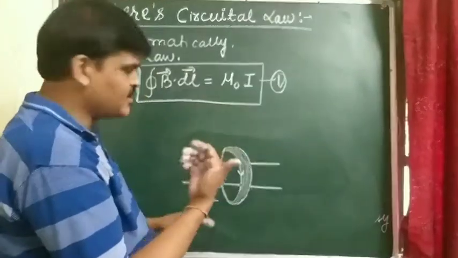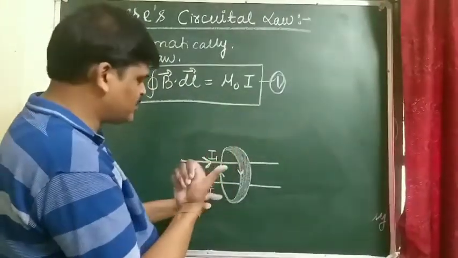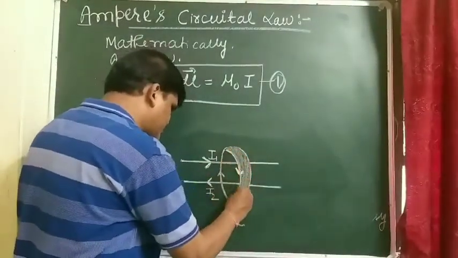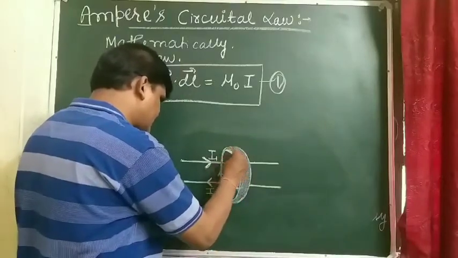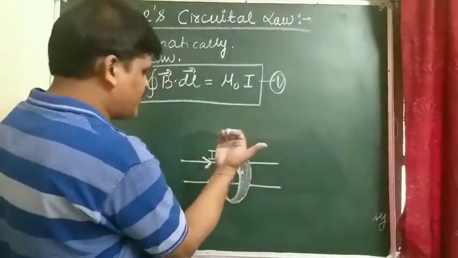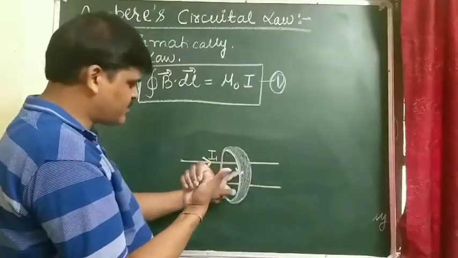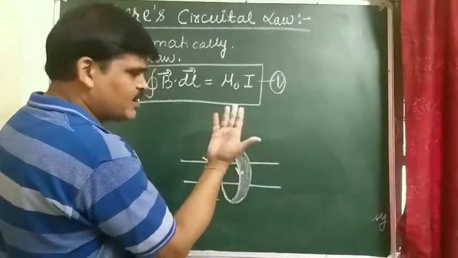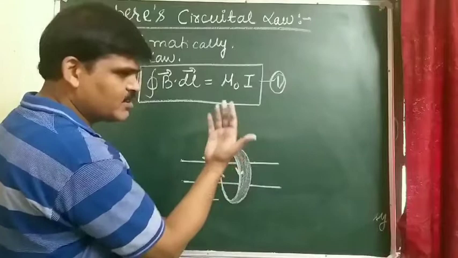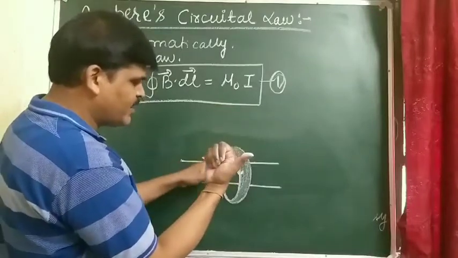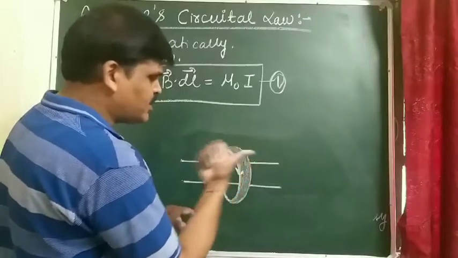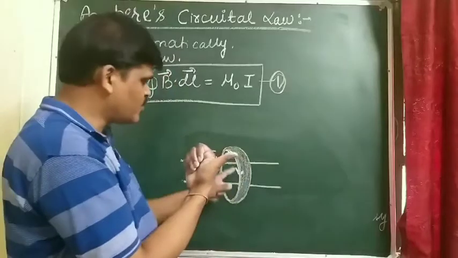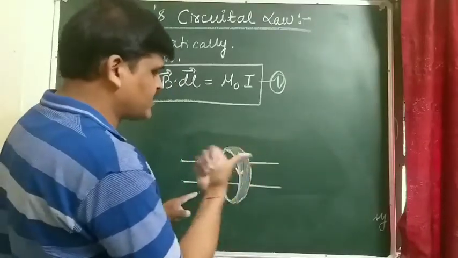In general, if the boundary is traversed in the clockwise direction, the curling fingers follow that direction, and the thumb gives the direction of the current passing through the closed loop, taken to be positive.